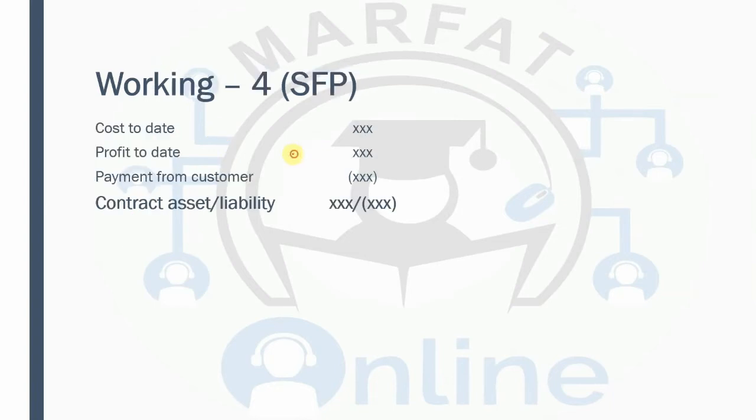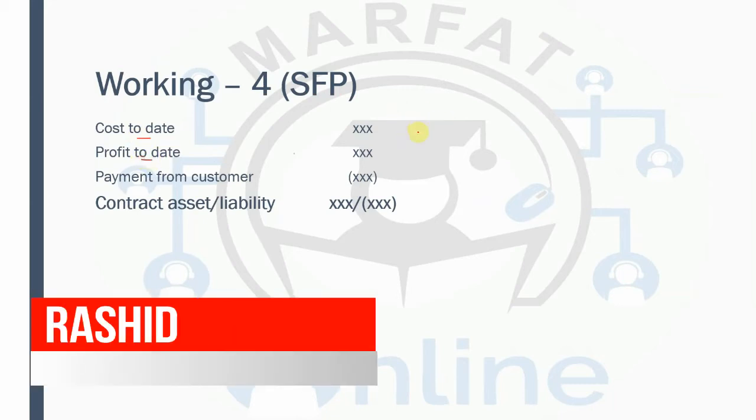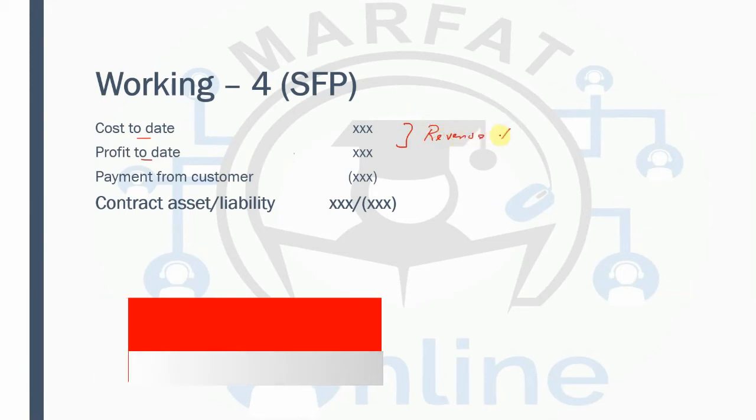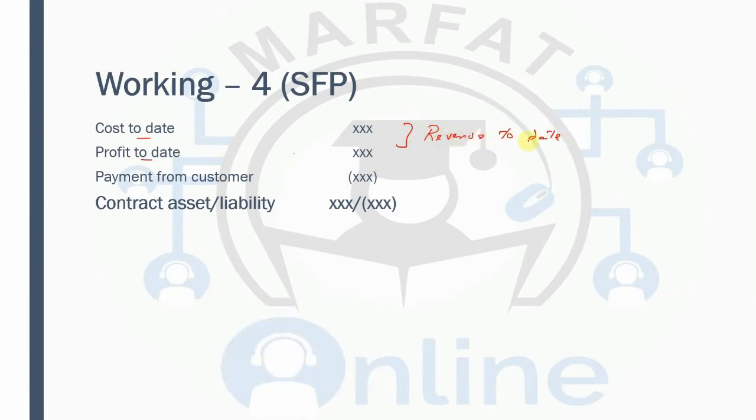And working number 4, cost to date plus profit to date. Technically, when you add cost plus profit, it gives you revenue to date. This is the revenue which you have earned. This is the revenue earned, not received. And then you compare it with the payment from the customer. This is actually the received payment.